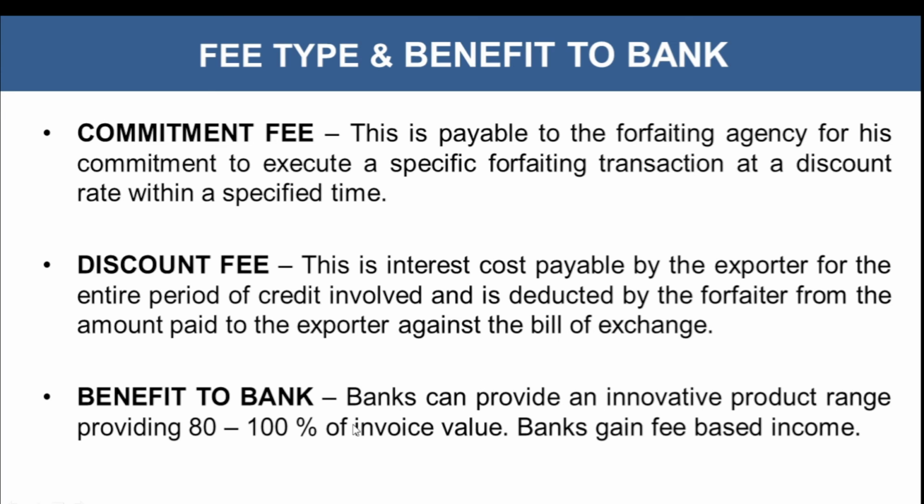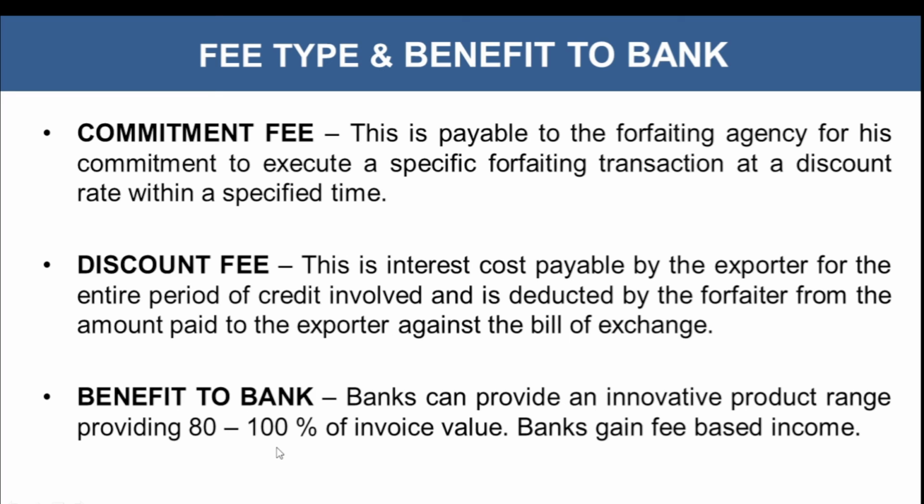Now, what exactly is the benefit to the bank? Why are the banks or third party agencies providing this factoring and forfaiting service? So that they can provide an innovative product range, providing 80 to 100% of invoice value. We saw that in factoring 80 to 85% of the invoice value was given, but in case of forfeiting about 100% of the cash requirement of the invoice generated was fulfilled for the seller.